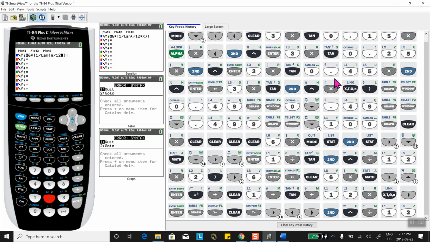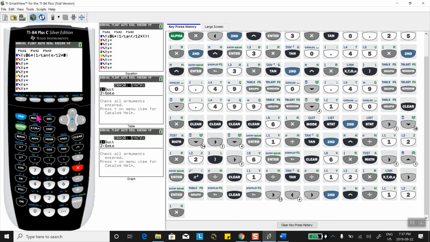Okay, times x. I think that'll do it. Close the parentheses.